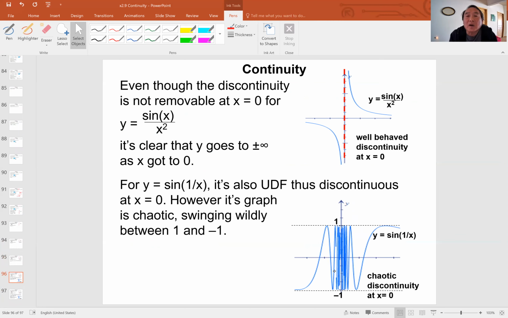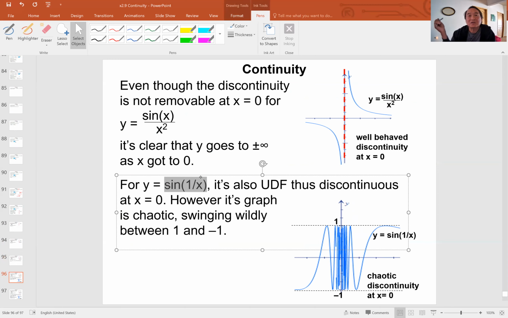Another type of non-removable discontinuity is when the left-hand side and the right-hand side oscillate as they get close to that point at 0. An example is sine 1 over x. When x approaches 0, sine 1 over x begins to oscillate.